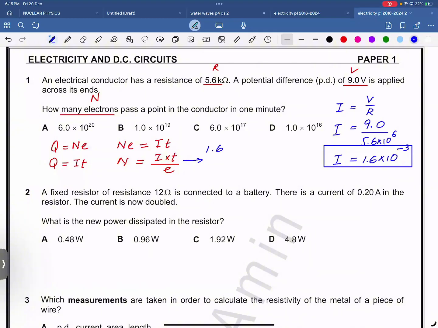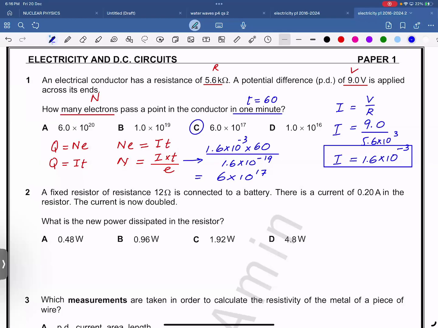So 1.6 10 power minus 3 time, they say 1 minute. 1 minute means time is 60 seconds. So you multiply by 60 divided by the E. E you take from the formula sheet 1.6 10 power negative 19. The right option is 6 into 10 power 17, option C, my dear students.